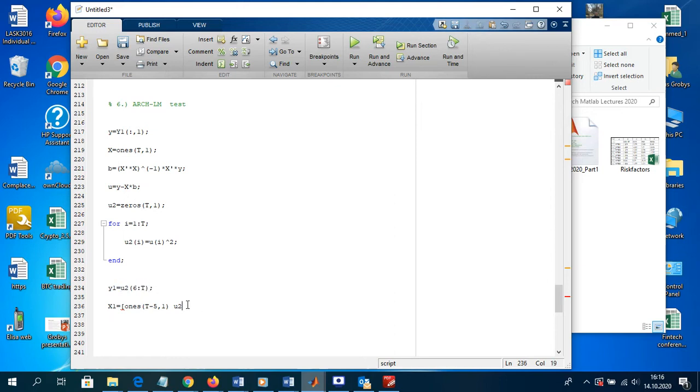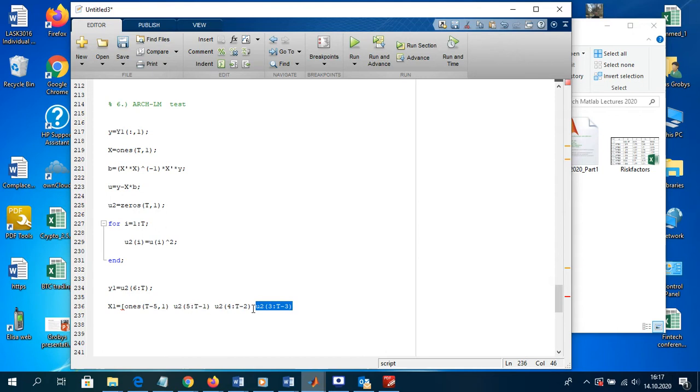So the first lag, we can copy this here. It's obviously from 5 until T minus 1, right? So the first lag for this vector is the observation 5 until T minus 1. And the next one, we can just lag it by 1. So the next regressor would be the observation 4 until T minus 2. The next regressor would be from 3 until T minus 3.